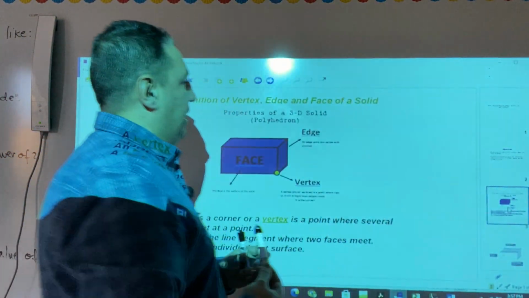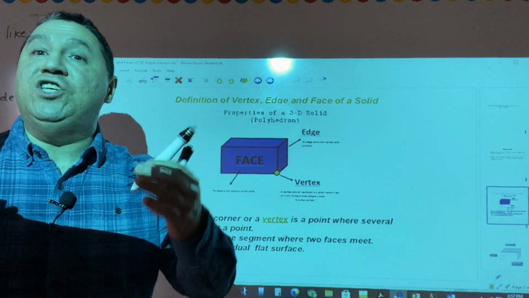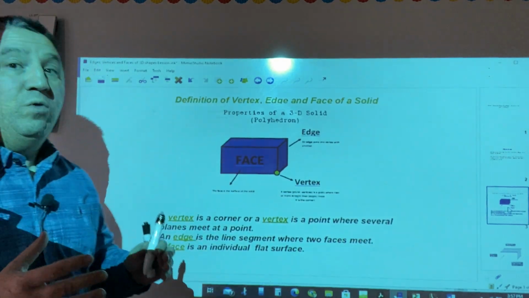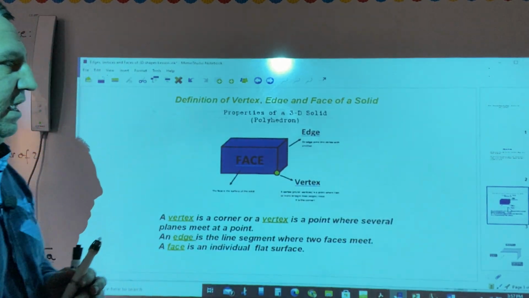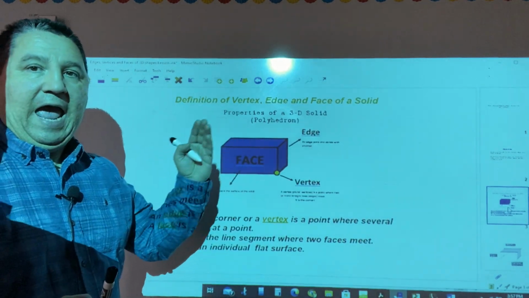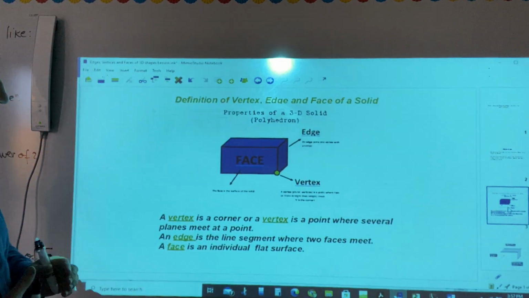Now, a solid or a 3D shape, as we know, has a few components: vertices, edges, and faces. What is a vertex?